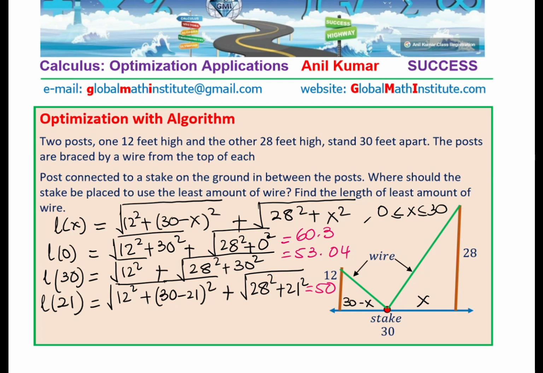So we see that the minimum length is 50 in this particular case. That's the absolute value, correct? So find the length of the least amount of wire. So minimal least amount of wire required is 50 feet. You see, that is how we are going to solve this particular question.